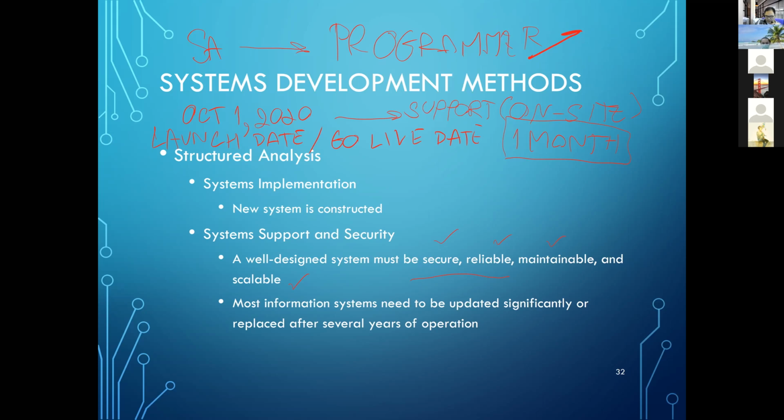What about maintainable? Maintainable means that if the system is broken or if there is a bug, it must be fixable. And scalable means that in the future, if that company has more staff or more users, your system should support more users.